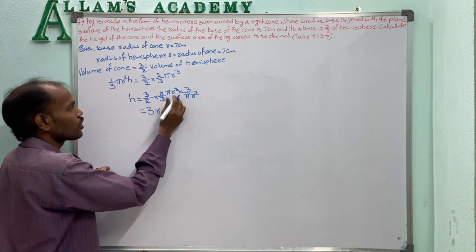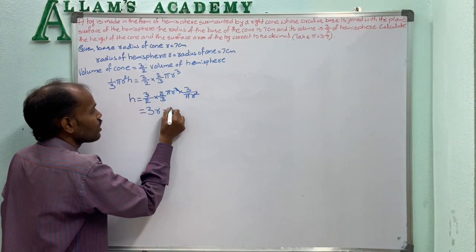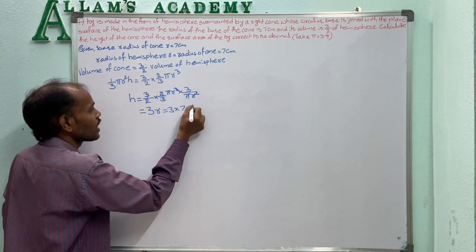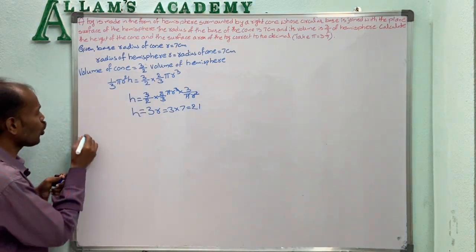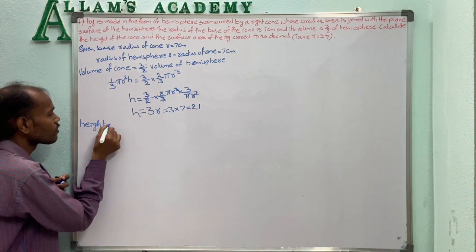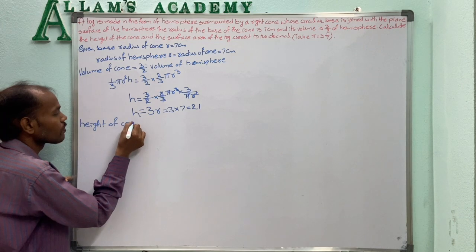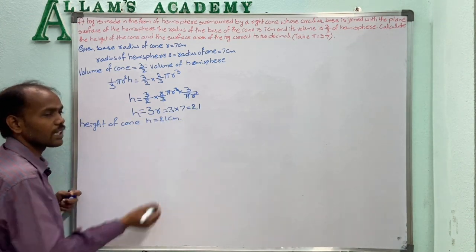So that equals 3r. The radius is 7, given. So 3 into 7 equals 21. So the height of the cone, h, equals 21 centimeters.